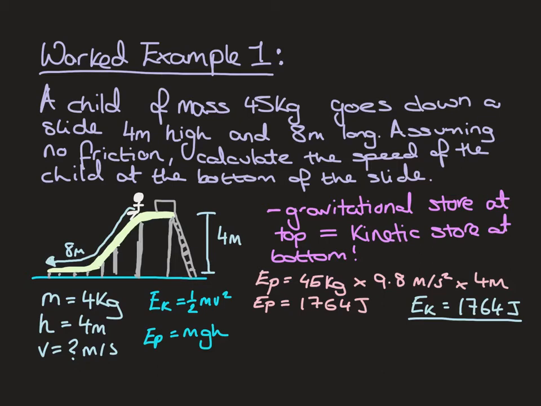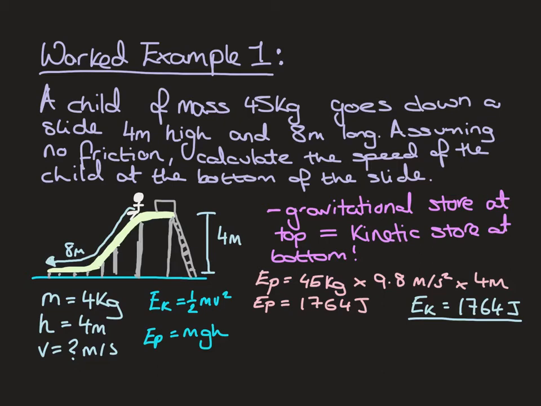Okay, so what I need to do now is rearrange this equation for the kinetic energy store to allow me to have v equals as its expression. So I've got the amount of energy in the kinetic energy store, I know the mass and I know the half, so I just now need to rearrange this equation to find v. So let's rearrange it together now. I'm going to move the half over first.